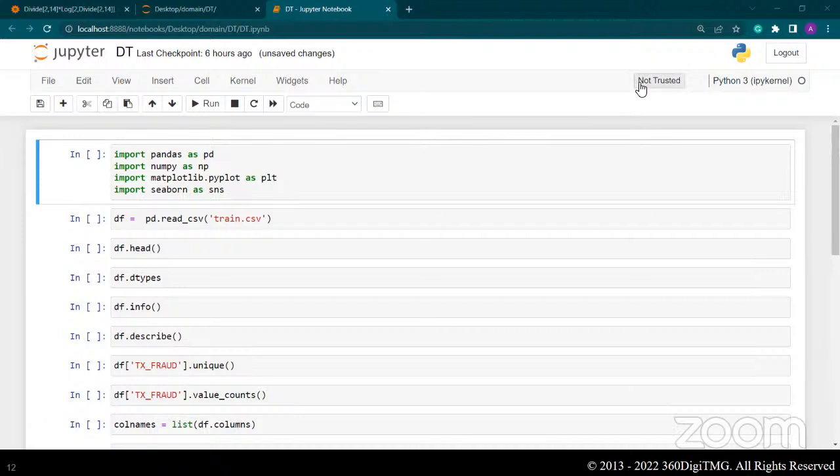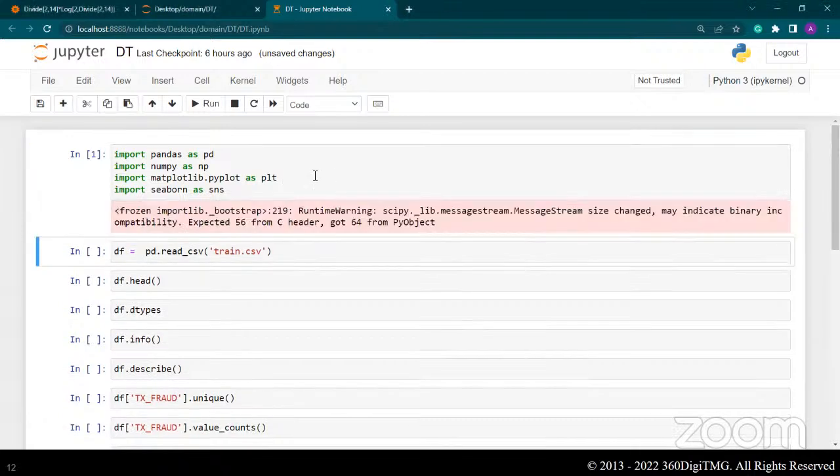Okay, so now that we have our data set, first we'll do our basic libraries, NumPy, Pandas, Seaborn, Matplotlib, etc., whatever we need. So we import the libraries and then we import the data set.